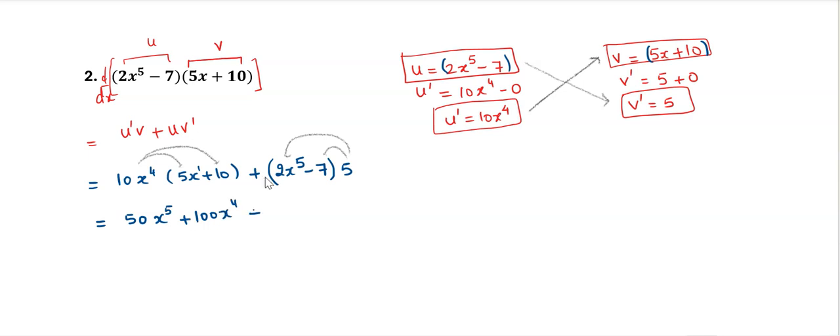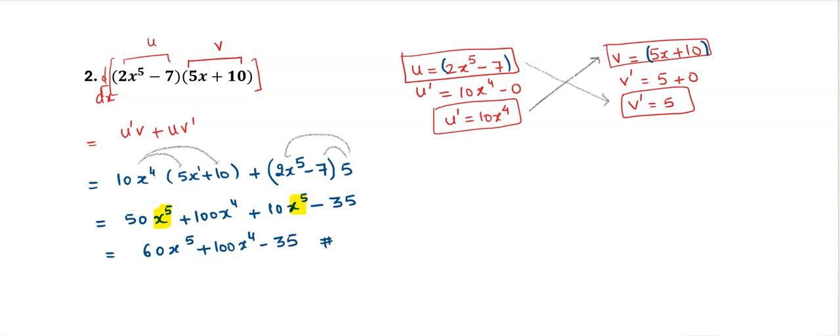Okay, plus 2 multiply 5, 10x power 5, minus 7 multiply 5, 35. Now check. You have x power 5 in two terms, so you can combine them. How do you combine? 50 plus 10. So it gives you 60x power 5 plus 100x power 4 minus 35.